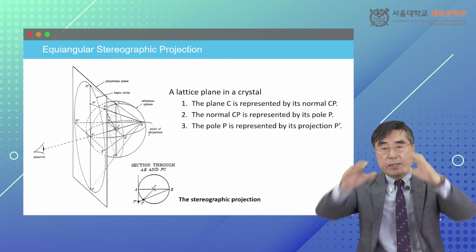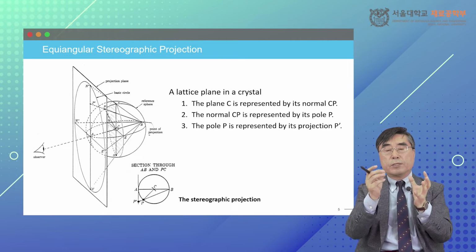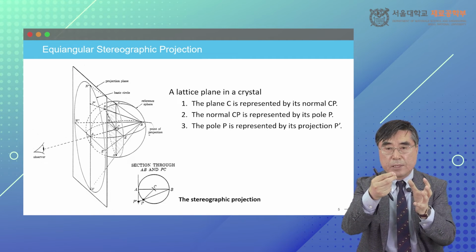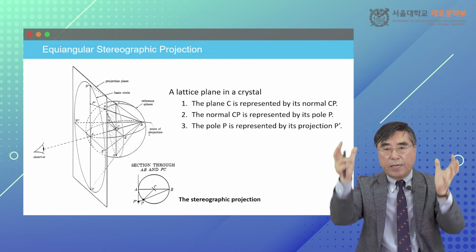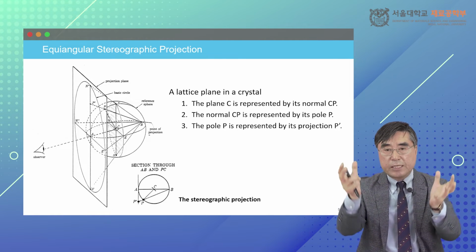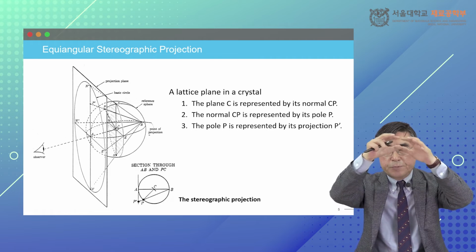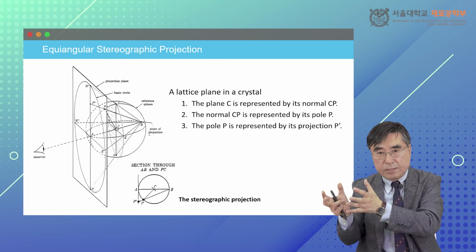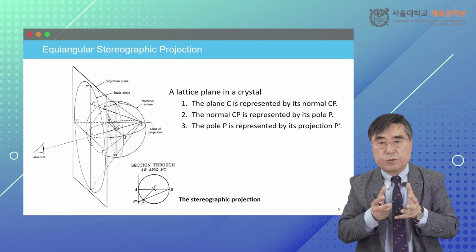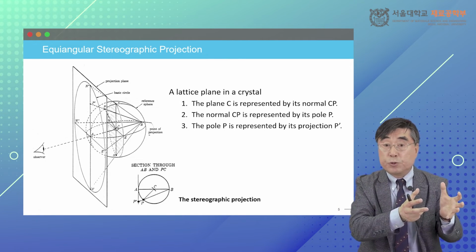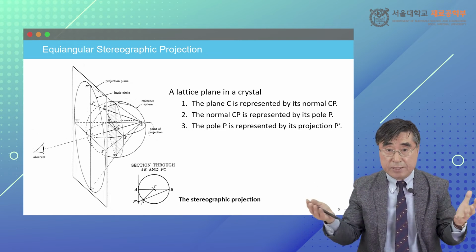So this is still three-dimensional objects in the center of the sphere. Now you designate the planes in two different ways, but your representation is still on the surface of the sphere, so it is still three-dimensional. What we try to do is deliver this information from three-dimensional to two-dimensional planes.